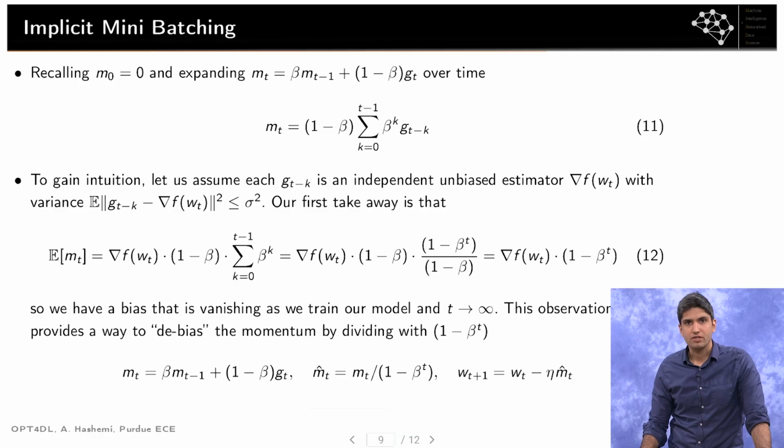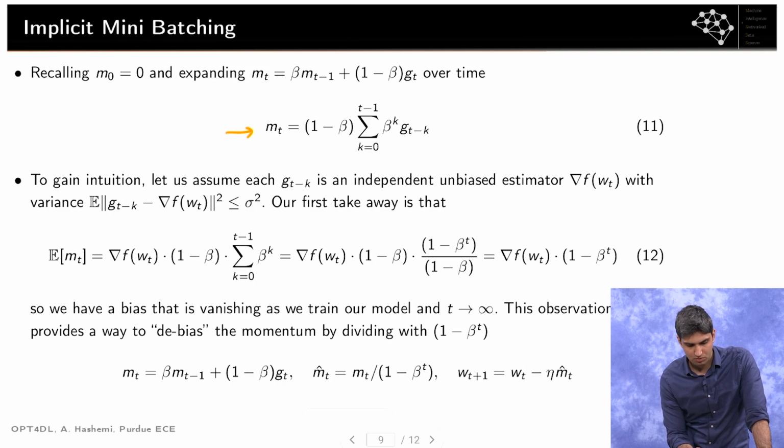I'm going to make some assumptions that don't necessarily make sense, but we're going to see where that leads us. Again, we're going to work with this expanded version. So M0 is 0. This was the way that we were updating the momentum, expanded through time. This is what we get.